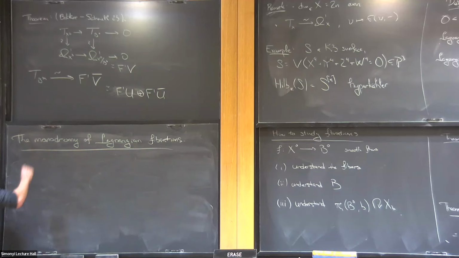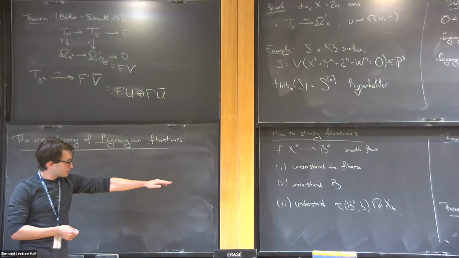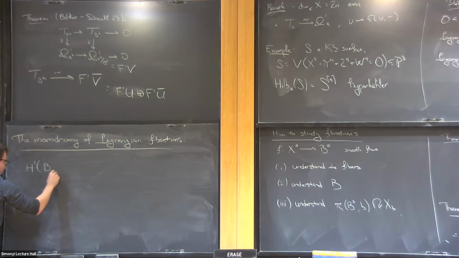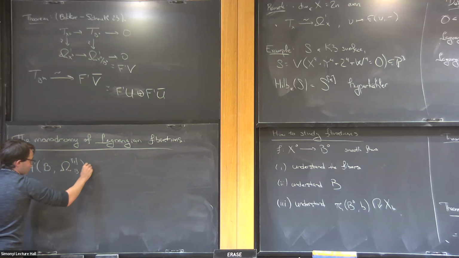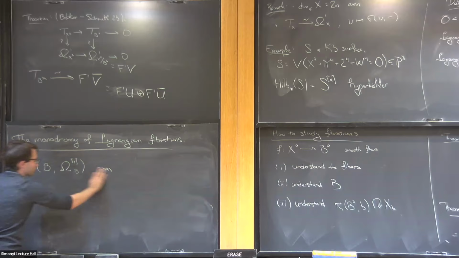So the idea is this. Remember, I said that this is a theorem of Matsushita that the base of a Lagrangian fibration at least has the same numerics as projective space. So in particular, you would want that the H1 of the base, the H1 of the sheaf of reflexive differentials, you would want this to be odd.